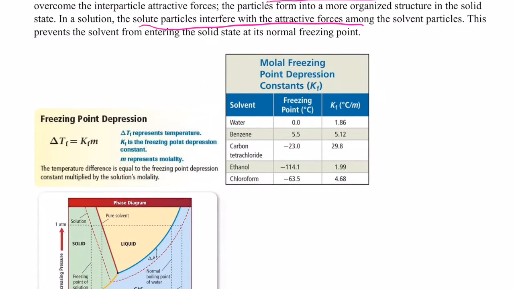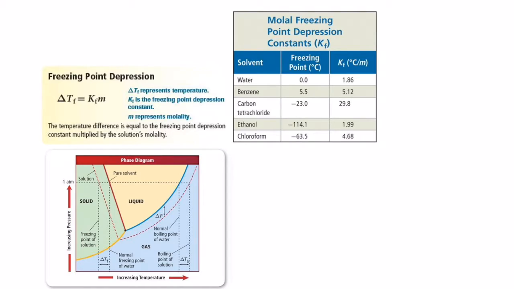Now, the equation for freezing point depression is very similar to the equation for boiling point elevation. We have delta T sub F, which of course is the change in the freezing point temperature, and that will equal K sub F, which is the molal freezing point depression constant, times small letter m, which is the molality.